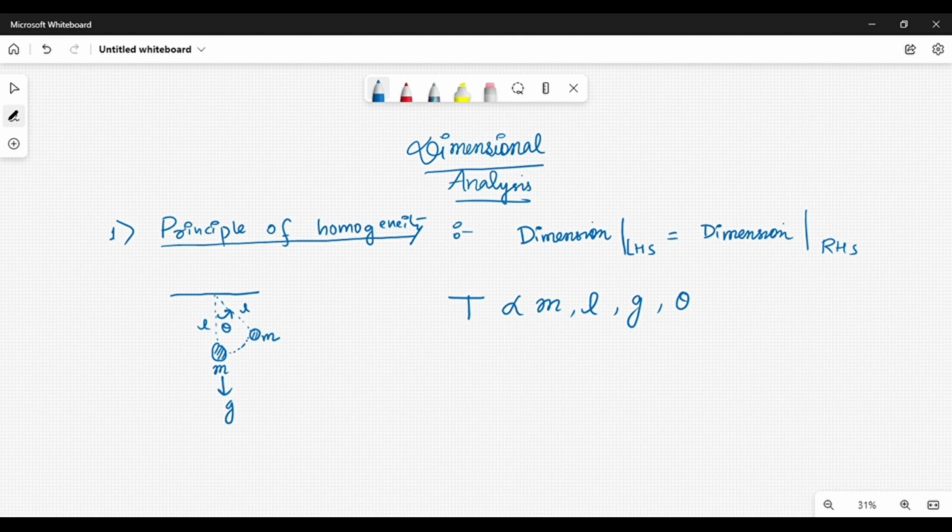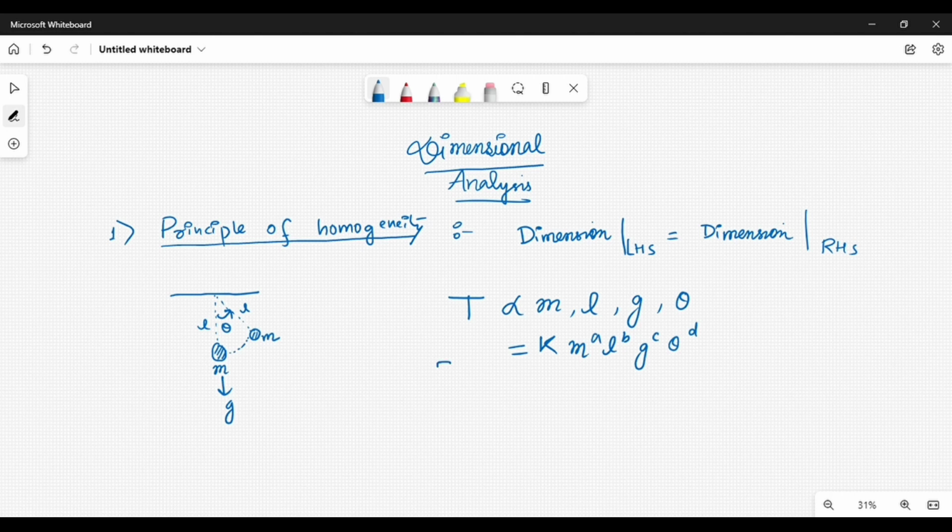So I can remove this proportionality by a constant k, and I am writing m to the power a, l to the power b, g to the power c, theta to the power d, where a, b, c, d are some indices. That means I do not know with what factor the time period depends on mass, length, acceleration due to gravity, and the angle of oscillation. I shall try to find them out.